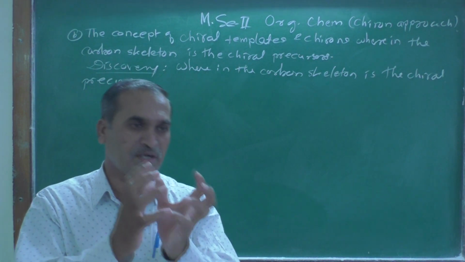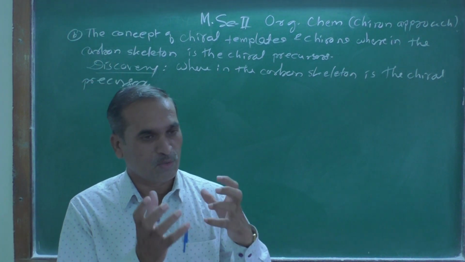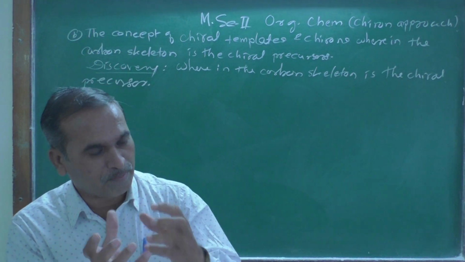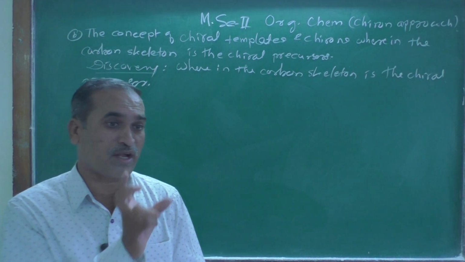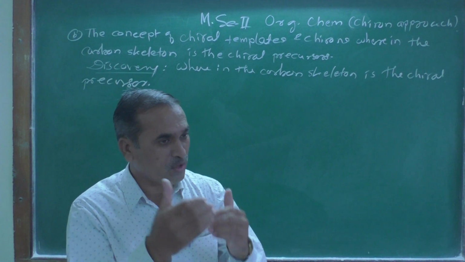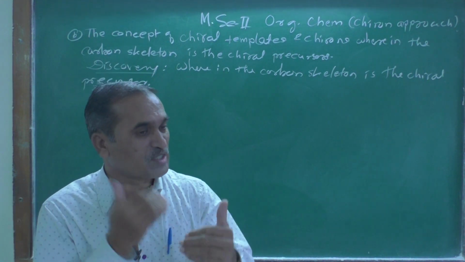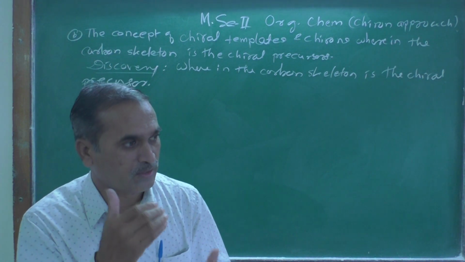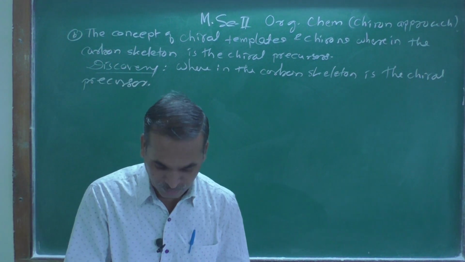How are scientists trying to synthesize that type of compound, why are they using the chiron approach, and what is its perspective to study, to see the approach toward the chiron?